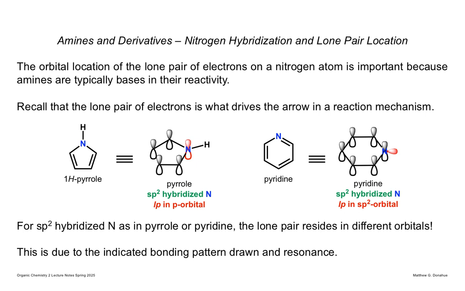So again, the location of that lone pair is going to help us understand how basic the nitrogen is. And I know we talked about imidazole, but if we remove that second nitrogen, we have pyrrole. And so that lone pair, as shown with the orbitals, is in a p orbital.